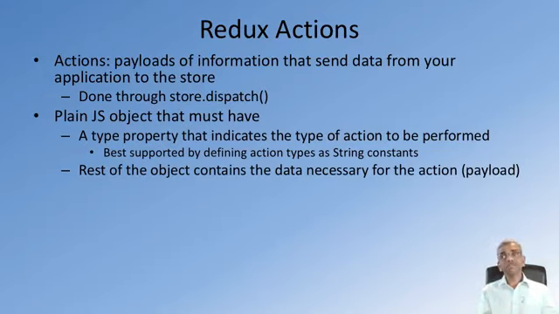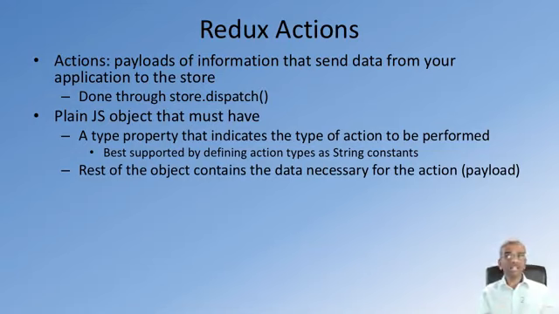The rest of the JavaScript object can contain anything that is meaningful to your application, any data that is required for the action to be created. This is what we will refer to as the payload, which comes as part of your action. In the exercise, you will see examples of how we construct the action, and what goes into an action JavaScript object.